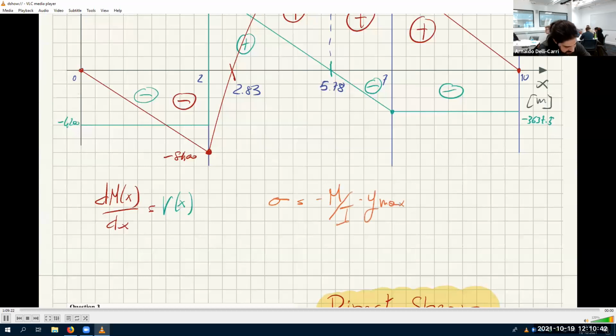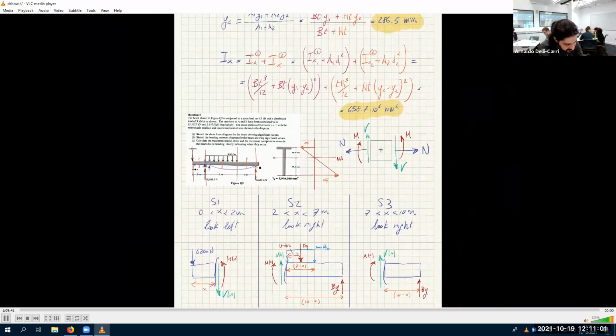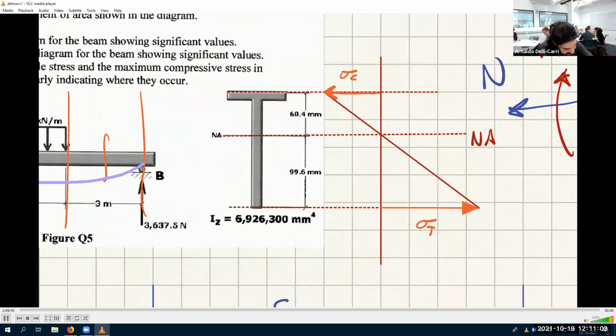But sigma max, of course, uses y max, where y max is the largest perpendicular distance from the neutral axis, which in this case is exactly 99.6 millimeters. And I is also given. You don't have to calculate this.